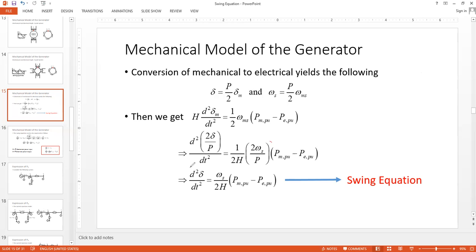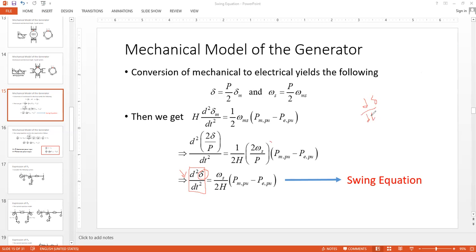So this thing over here gives us the acceleration of the rotor. As you know, acceleration is the double derivative of position. What is the first derivative of position? Velocity, angular velocity.